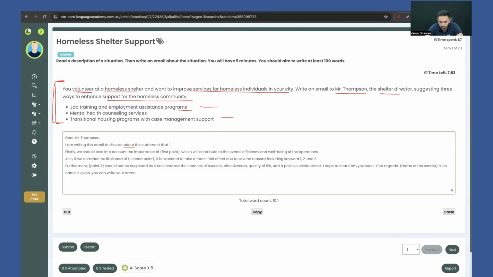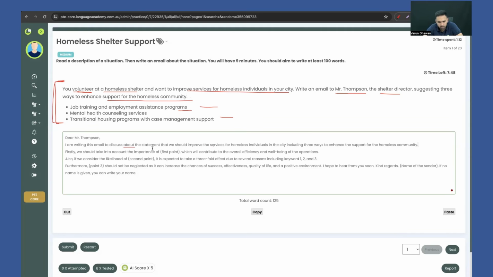Here we have to write the main topic of the email, that we should, or you can write we want that, or we should be improving, should improve the services for homeless individuals in the city, and you can write including 3 ways to enhance the support for the homeless community, right? So we have covered the main keywords in the first statement itself.